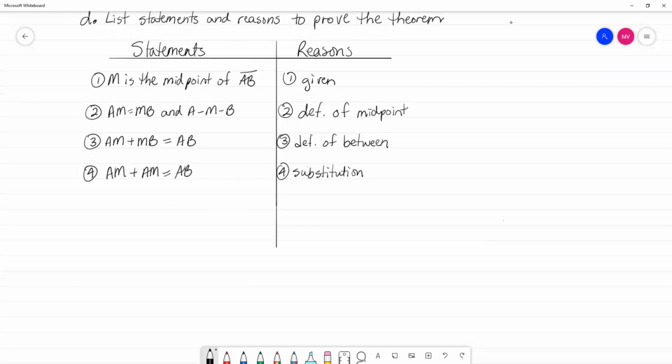Now we use the distributive property to add like variables, like terms together. And so instead of adding them together, we can just say that that's the same thing as 2 times AM, sort of like a reverse distribution property, distributive property.